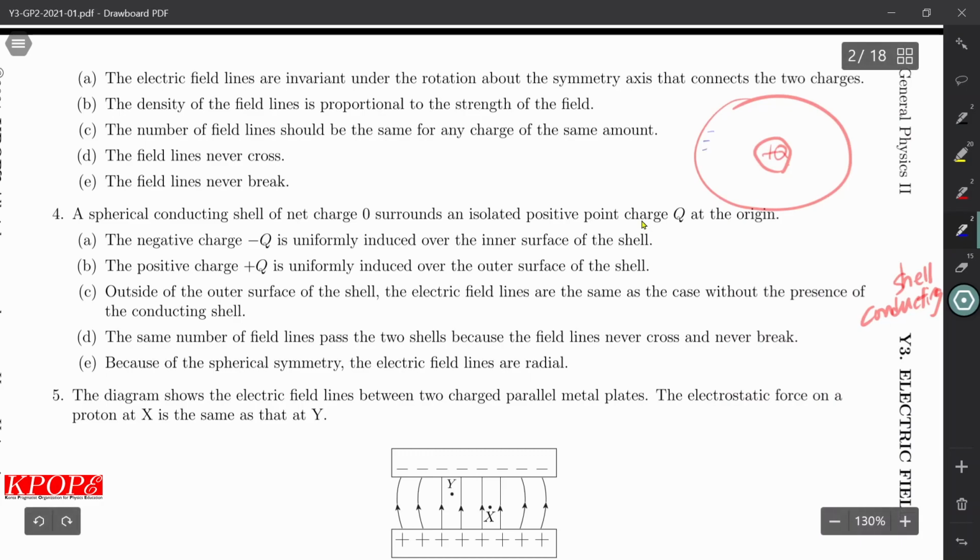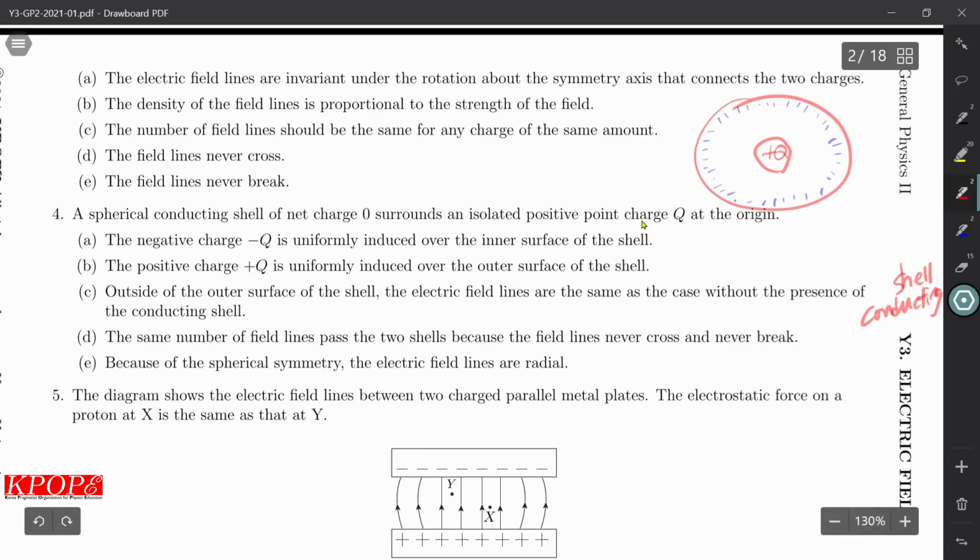So just inside the shell, negative charge is induced. But you know the charge is conserved. Initially the shell was neutral.